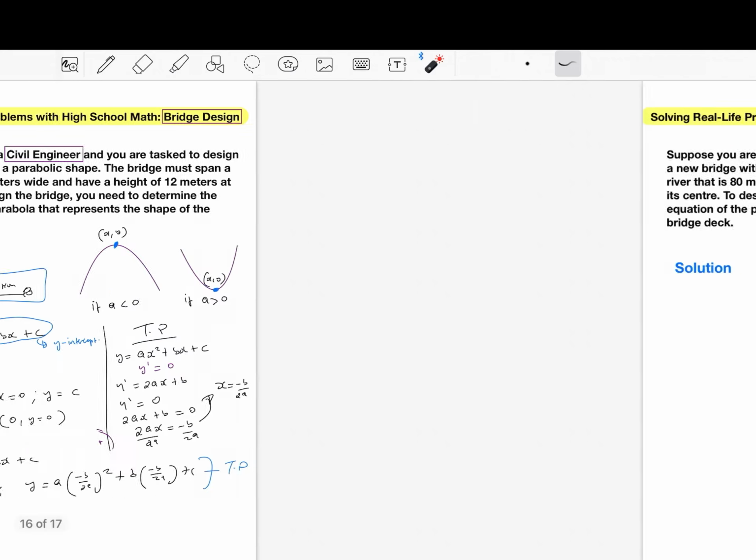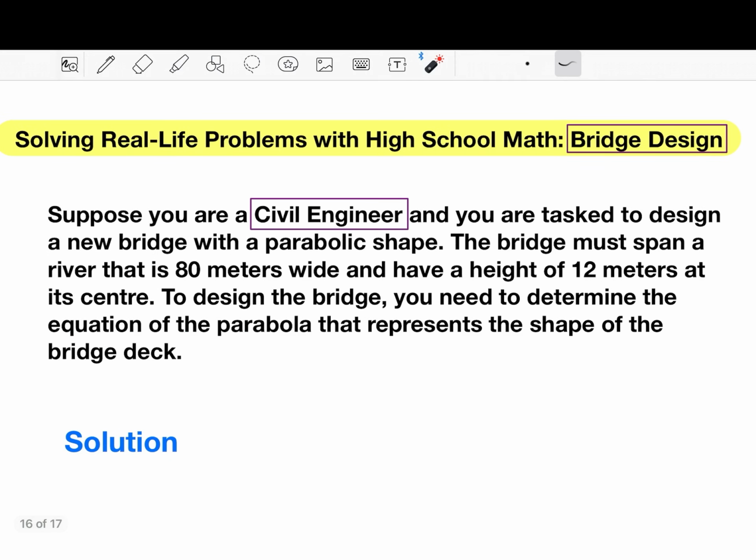So now let's go to the real life example. You've been waiting for this. Suppose you are a civil engineer. I'm kidding, we are not qualified to work as civil engineers and solve civil problems.